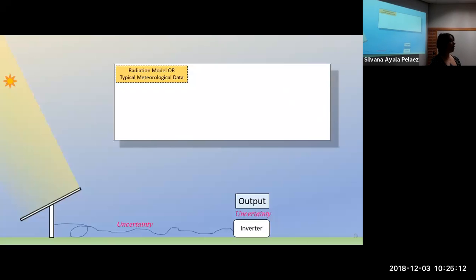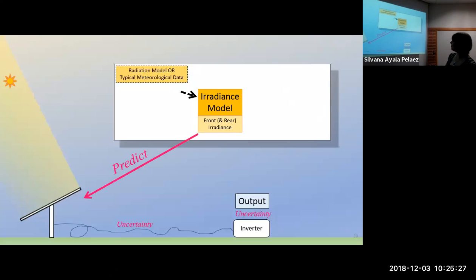So they might say, oh, it always rains on November 6th, my birthday, or something like that, right? So they have that. And those are the input to an irradiance model for the front, which are very well studied now for monofacials, or the rear if we're doing bifacials. And that will predict the output of the system, right?